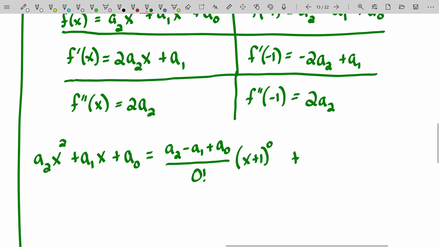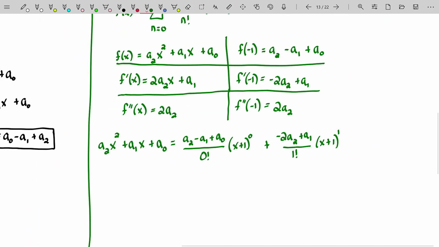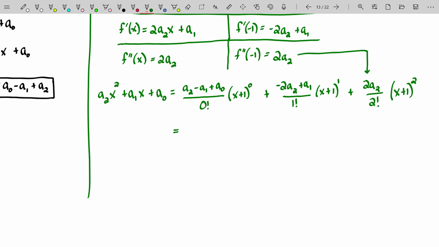Well, the first derivative evaluated at a, or at negative 1, is negative 2 a sub 2 plus a sub 1. Divide that by 1 factorial and multiply that by x minus the center to the first power. And finally, f double prime at the center divided by 2 factorial times x minus the center squared. If you clean this up, you'll get the following.